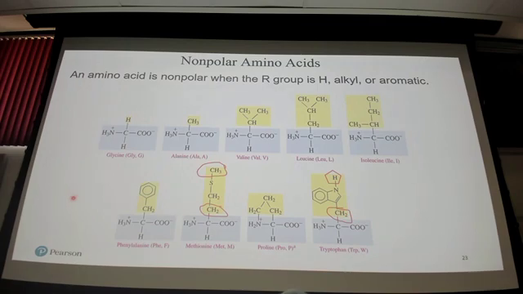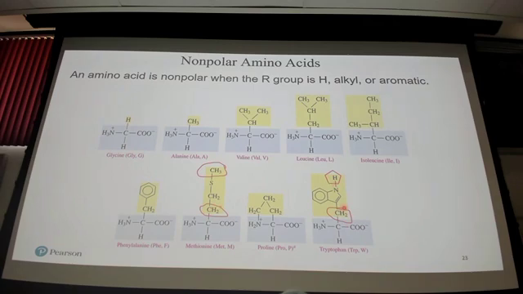But again, you see that I could have circled this too. It's non-polar because all of these are non-polar, but sometimes that aromatic ring throws me off because it appears in some polar amino acids too.